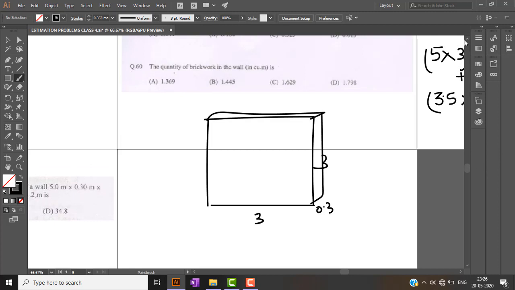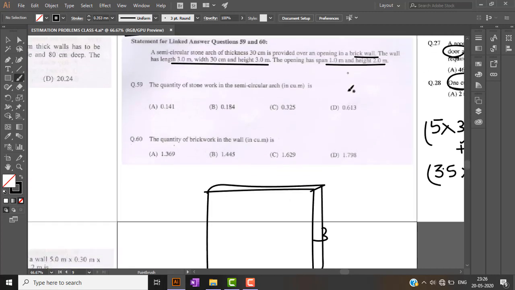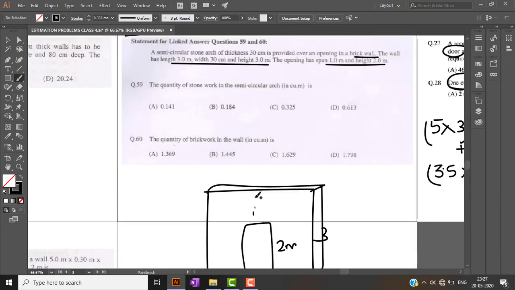Now they have given an opening of 1 meter into 2 meter. So 2 meter is the height and 1 meter is its opening.